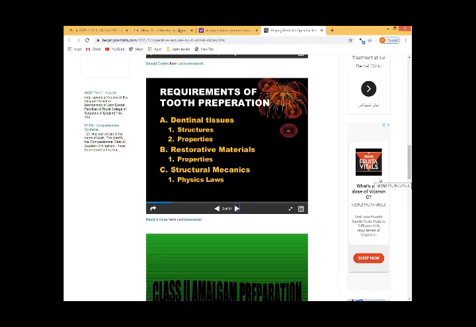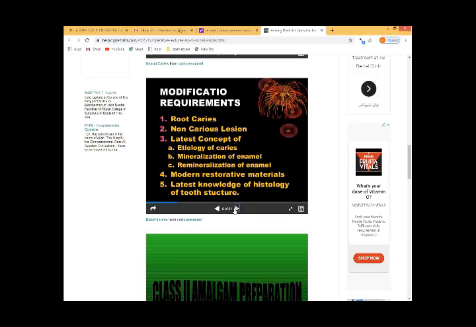If we say that these are the basic requirements of tooth preparation, then I want to give you a general idea about it. We now have expanded knowledge of dental pathologies. We have expanded knowledge of dental materials, because now we have very, very advanced materials available for the tooth structure.